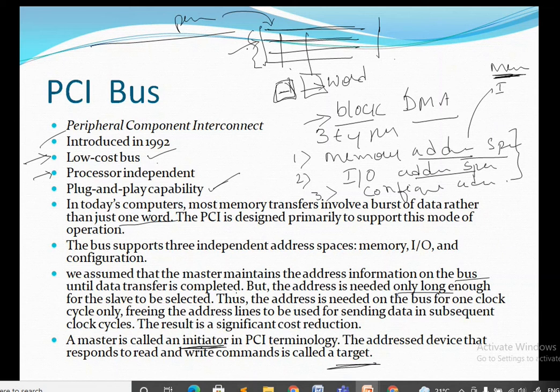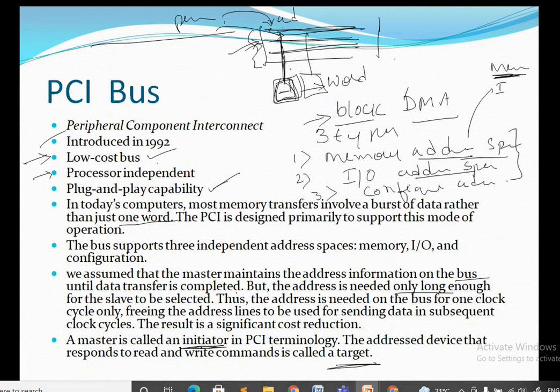Or consider it is performing a write operation. It requires the address, the data to write to the output device, and control information. Now, if all these three pieces of information are available on the bus, just think, once the slave is identified, matching this address, is it necessary to hold the address on the address bus as long as the device is going to read the data?